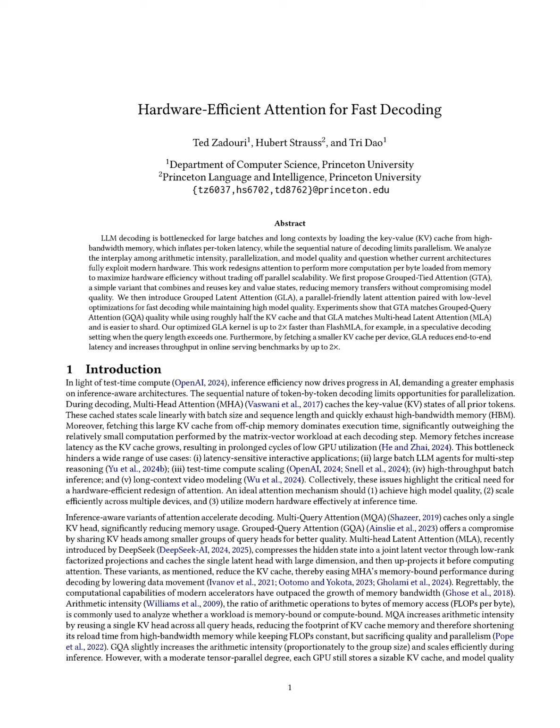By introducing hardware-efficient attention variants like grouped tied attention, GTA, and grouped latent attention, GLA, we significantly reduce the KV cache size while maintaining model quality, thereby enhancing arithmetic intensity and overall inference speed.